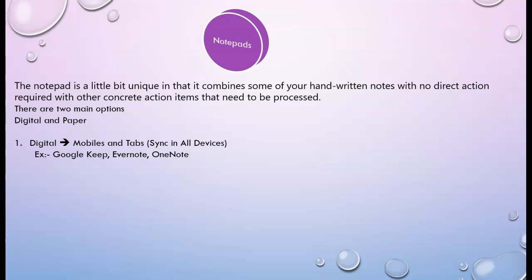The digital notes I'm going to talk about in a minute, on how you're going to process them. The processing would be easy. We're going to talk in detail in the upcoming lectures, but just to give you an idea here, digital notes can be processed once you have cleared all your action items, or if you find some unprocessed data and want to process it.